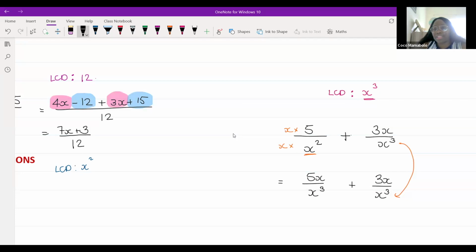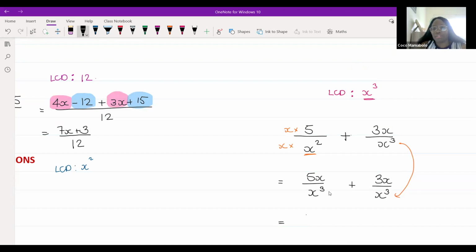Excellent. Now that I have the same denominator everywhere, what do I need to do? Now we can add them together. Correct. We're going to put them underneath one denominator, and then we're going to add like terms on the top.